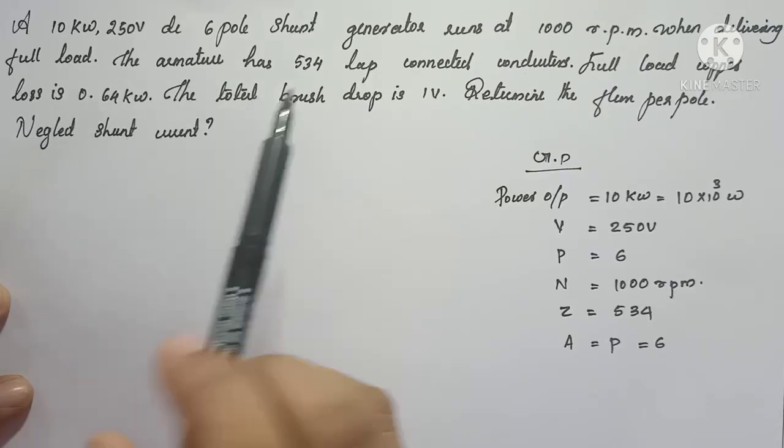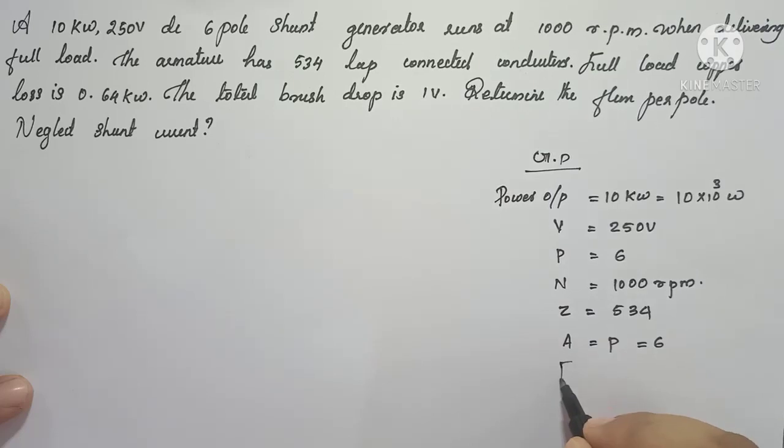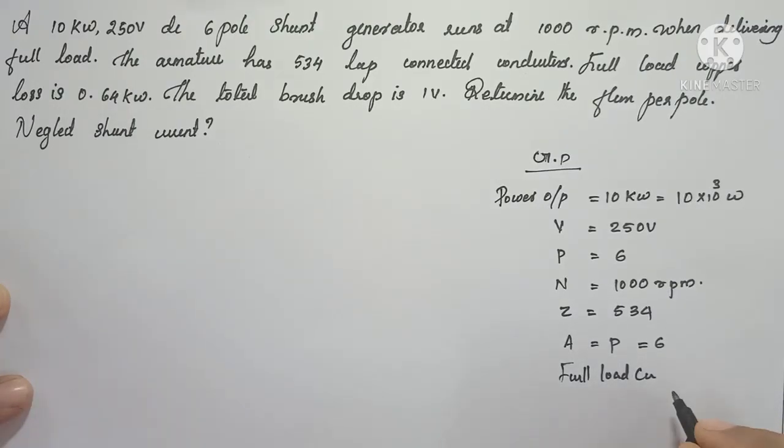So full load copper loss is 0.64 kilowatt. Full load copper loss, that means it is armature copper loss, that is equal to 0.64 into 10 raised to 3 watts.